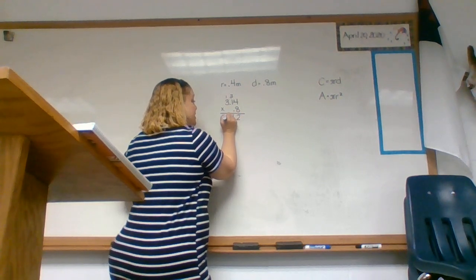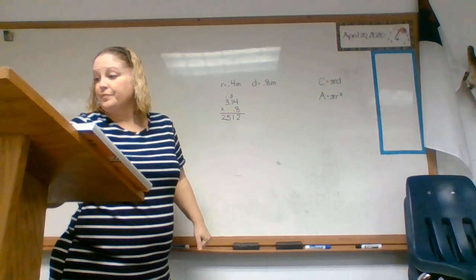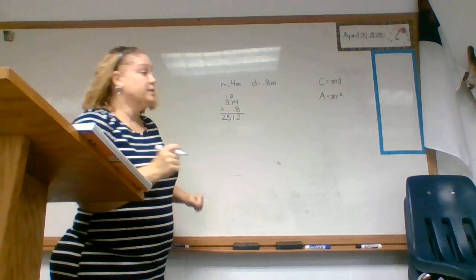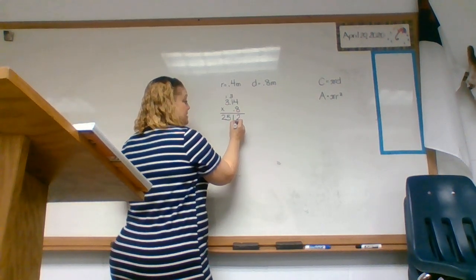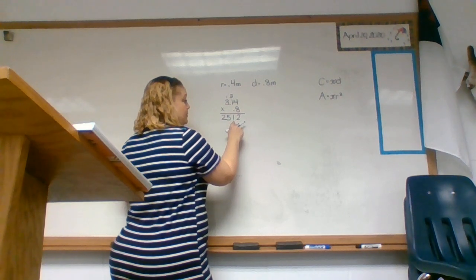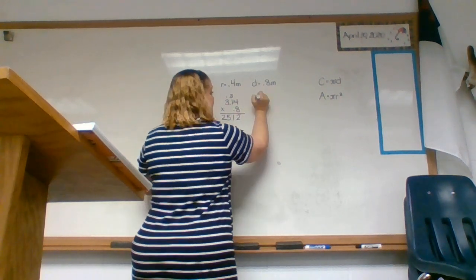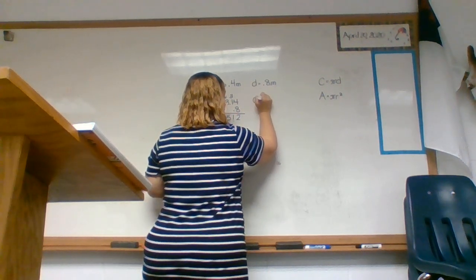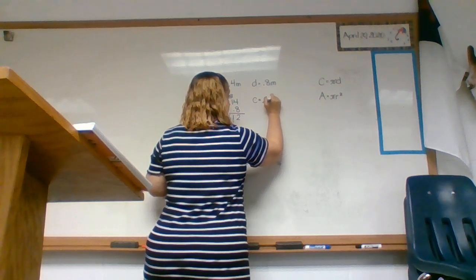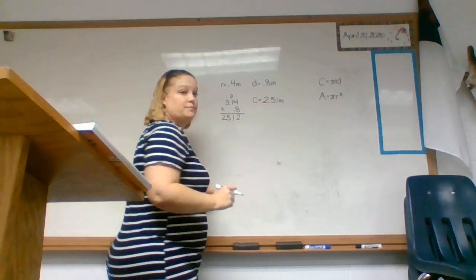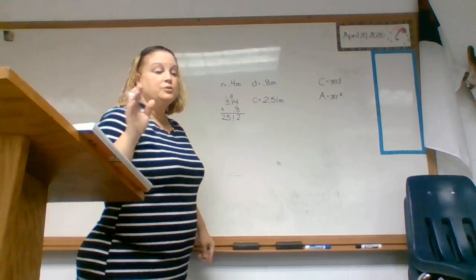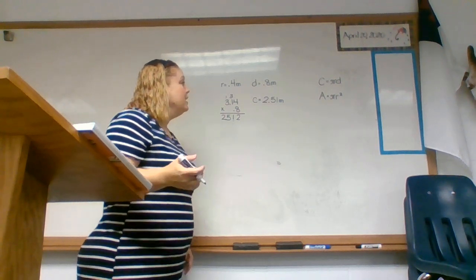We need 3 decimal places in our answer. Let's see, it says round to the nearest hundredth in our directions. So we need to make sure we use this to help us round. In this case, problem A, our circumference, we're going to round to 2.51 meters. Okay, just pi times diameter.